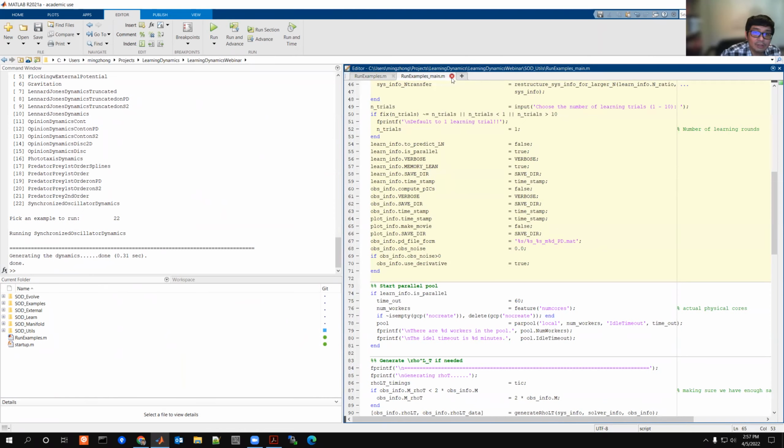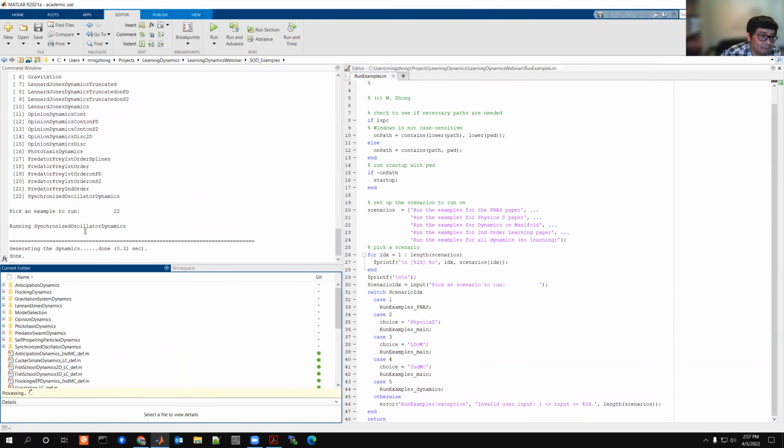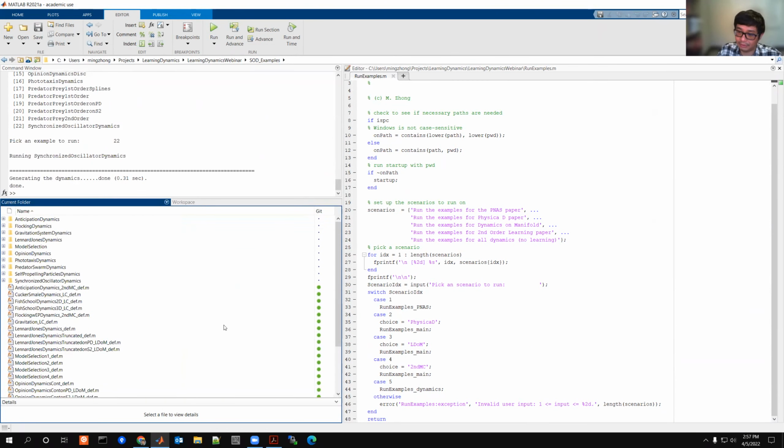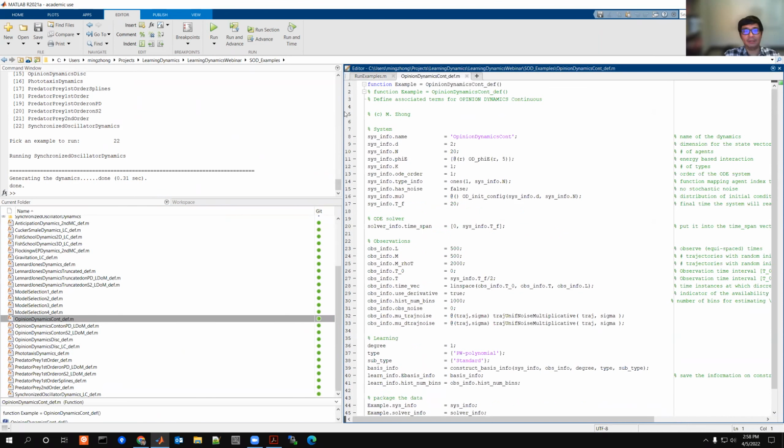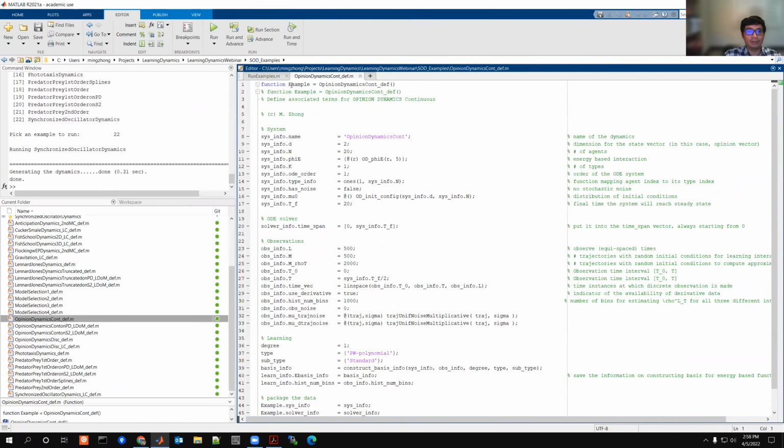Anyway, let's go through some of these examples. If you want to build your own dynamical system using our software package, you can follow the examples that we have right here. For example, if I click on this opinion dynamics case, this opinion dynamics dev file would define the appropriate parameters and also learning parameters for this learning dynamic example.